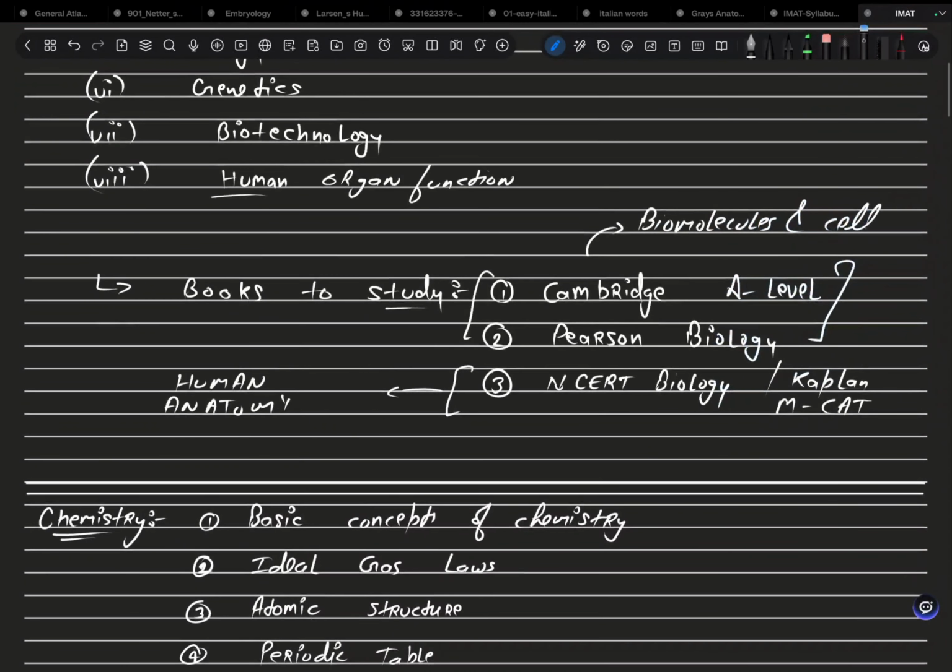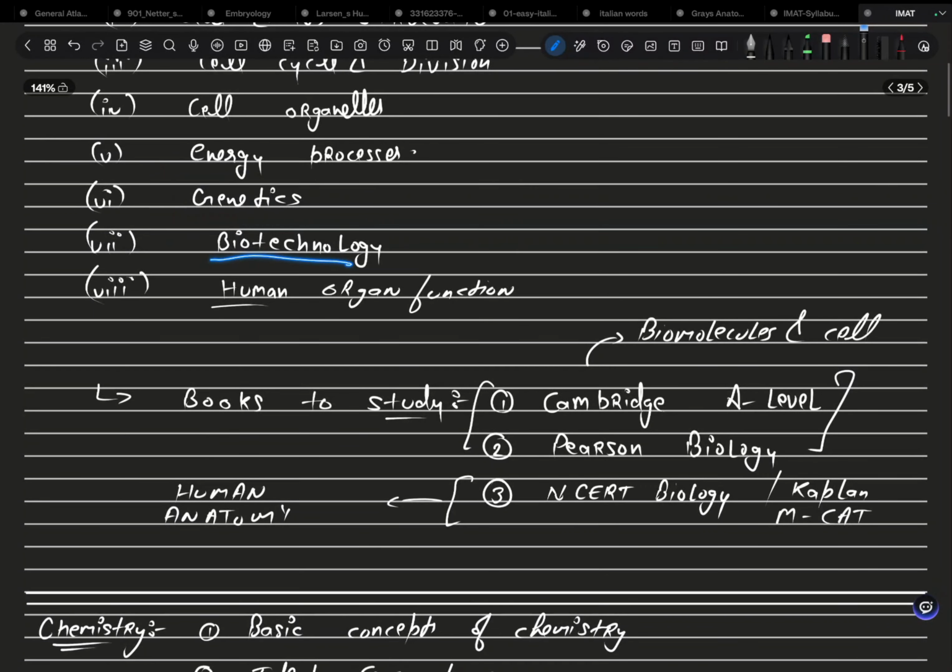After that come topics like genetics, then biotechnology, in which you use molecular biology to fix things and add or remove traits in a living being. In biotechnology, you will study all of those processes, their principles and their applications.